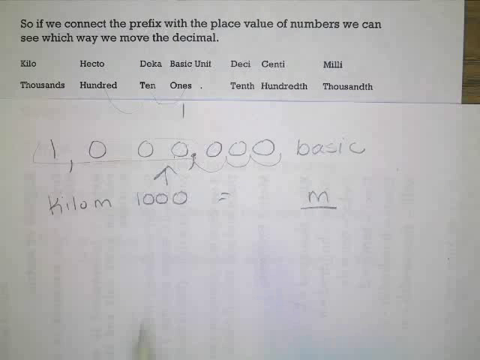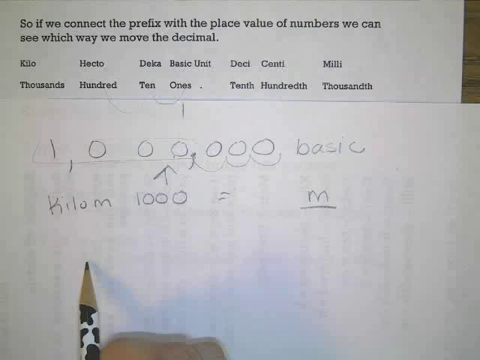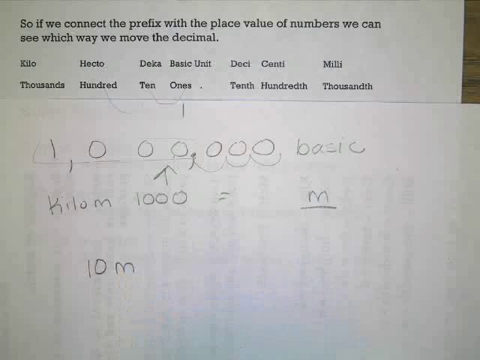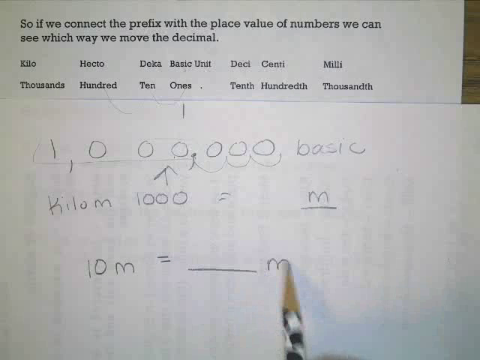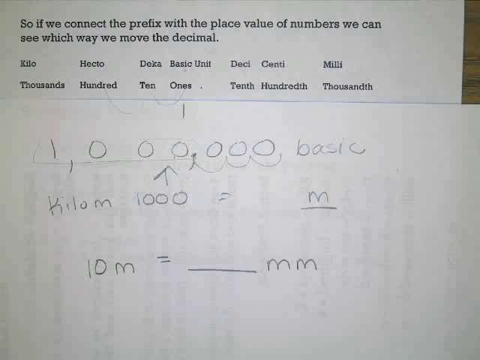So if I have 10 meters, which is what we call our basic unit, and I want to know how many millimeters I would have, who can tell me what direction to move my decimal?